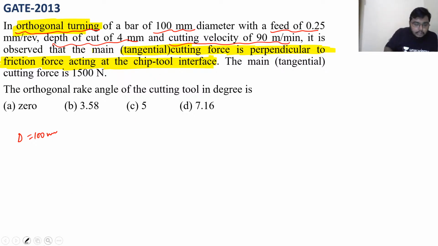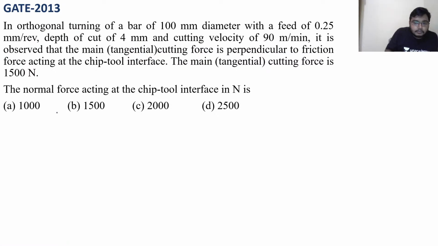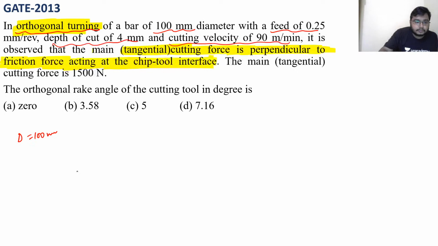In orthogonal turning, what are the things that are given?